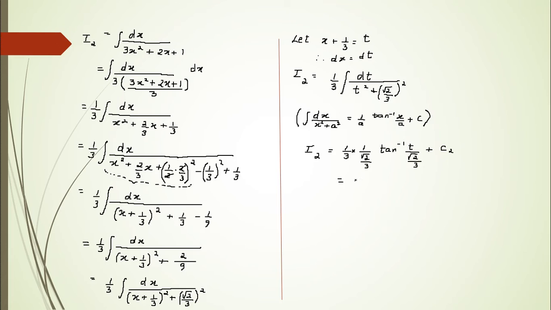So this will give me 1 by root 2 tan inverse. Now I will put the value of t. T is x plus 1 by 3.